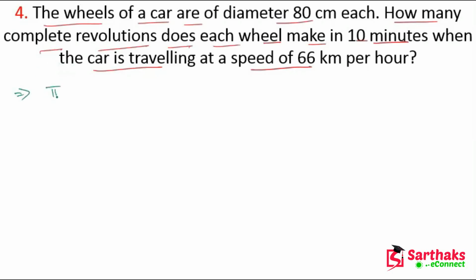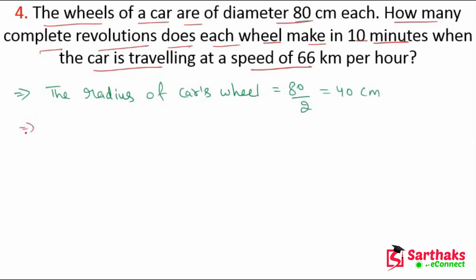So first of all, the radius of the car's wheel is equal to 80 by 2, because we have the diameter is 80, so this will give 40 centimeter. Now the circumference of the wheel is what?